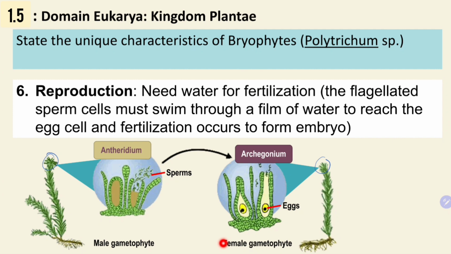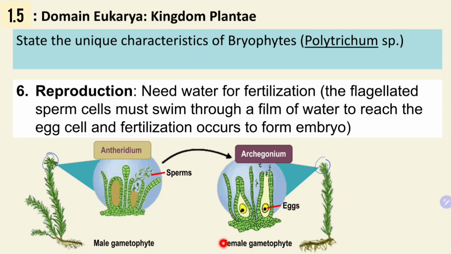So for the sperm to swim towards the egg, it needs water. So another reason kenapa habitat tadi mesti damp ataupun mesti watery, sebab the male gametes, which is the sperm, needs the water for it to swim towards the egg. So kalau tak ada air, sperm tu tak boleh nak swim.